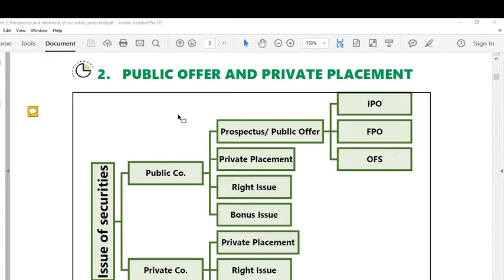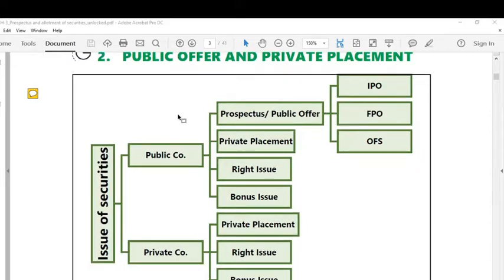The question likely to be asked on this topic is: what are the various modes of issue of securities by public companies and private companies under the Companies Act 2013?